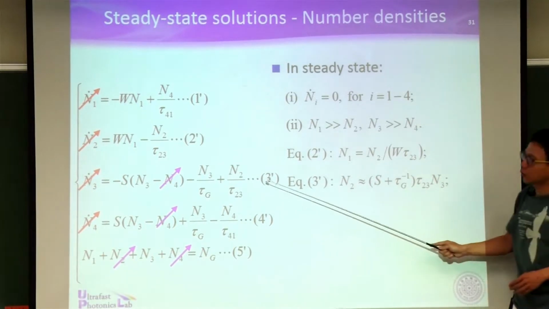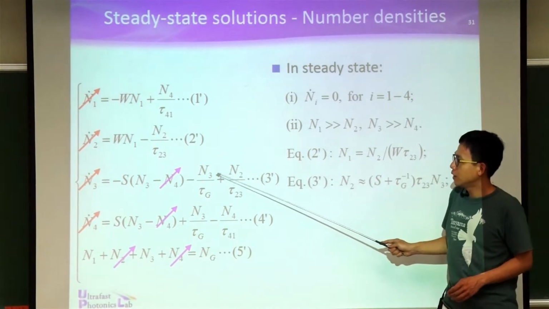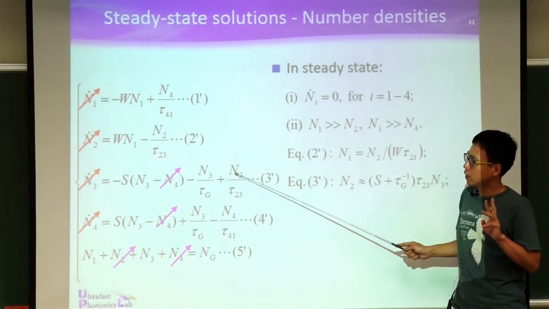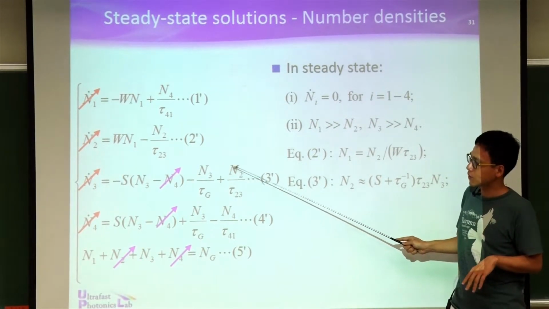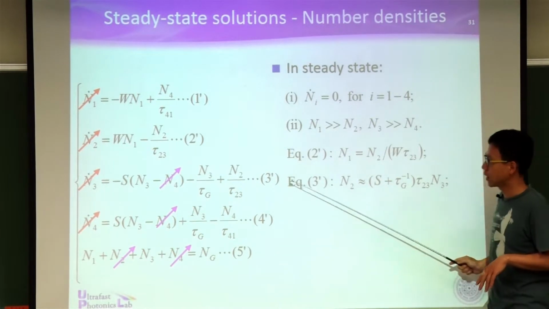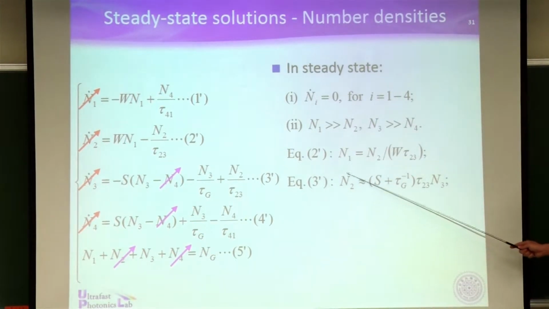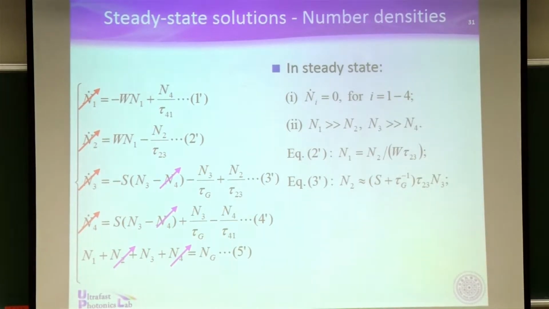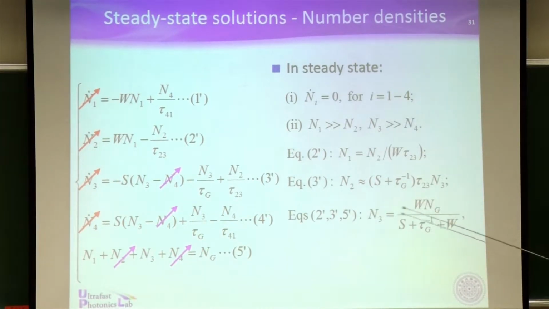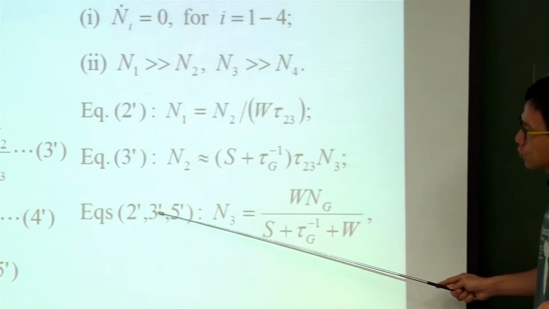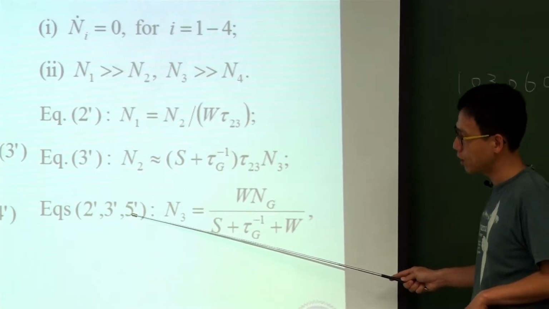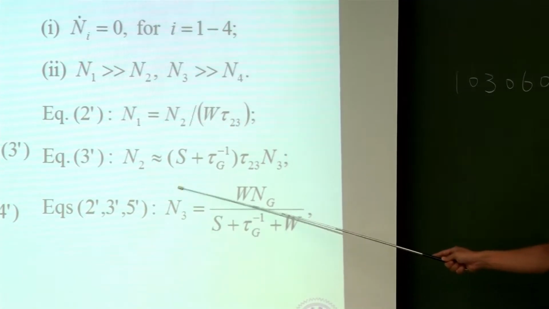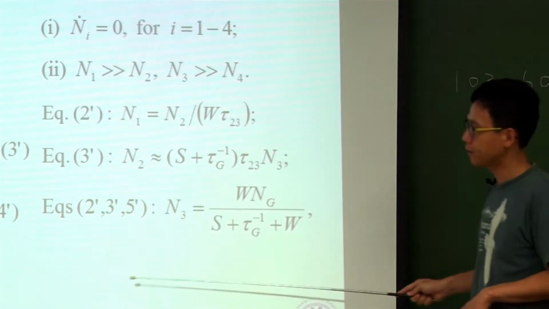In equation 3 prime, there are only 2 unknown number densities, N2 and N3. So you can represent N2 in terms of N3. Then, by equations 2 prime, 3 prime, and 5 prime, you can solve N3.